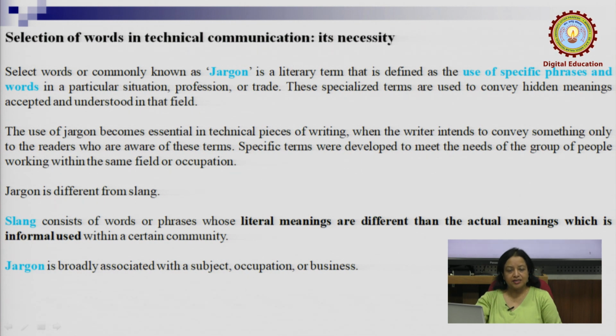Hence, it is not understood by people outside of that community or circle or group. Slang is more common in spoken language than written. Jargon, on the other hand, is broadly associated with a subject, occupation or business that makes use of standard words or phrases.